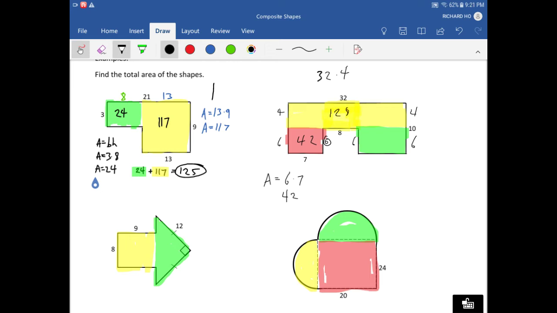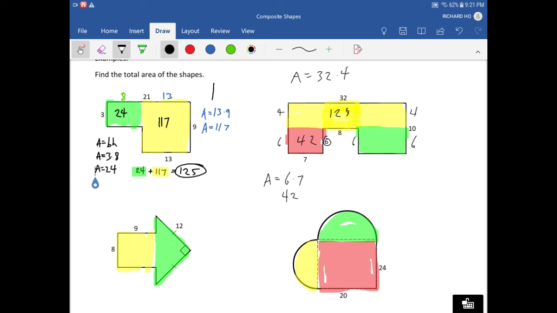And then the green one is 6 by, okay, so the yellow one is 32. So the whole yellow one is 32 minus 7.